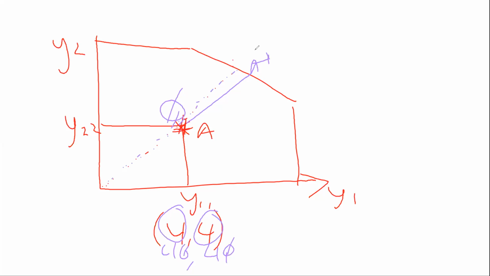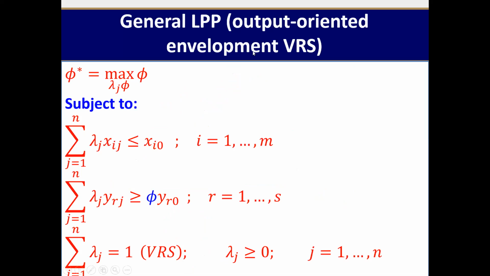The question now is, how do I get phi? And that is the essence of the linear programming. So the linear programming is saying that if I get the phi, it becomes phi star. So now let's go back to the programming. When you come to the programming here, you see that the goal is to get the actual value of phi, which is phi star.